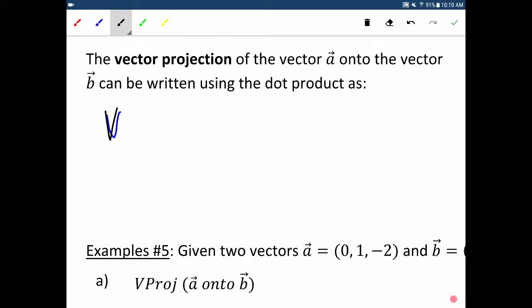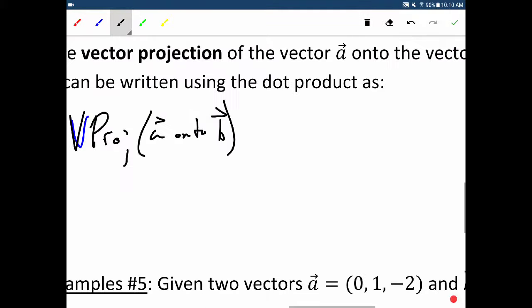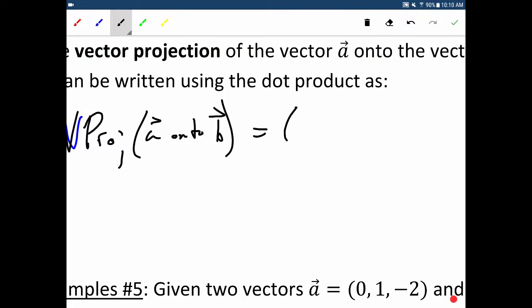Okay, so it's the vector projection of A onto B. And we're going to do the same thing where we write out the formula, but we're going to multiply it by B over the magnitude of B. So the way I'm going to do that is I'm going to just add a B here.